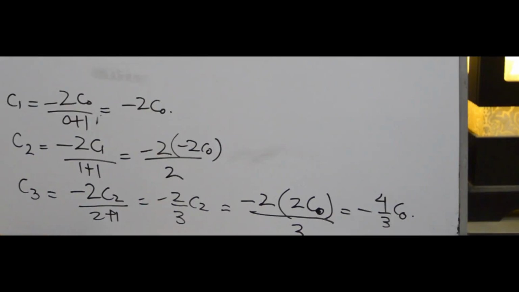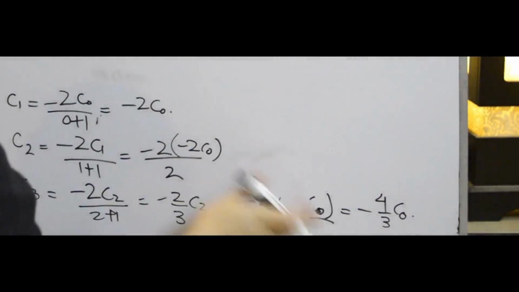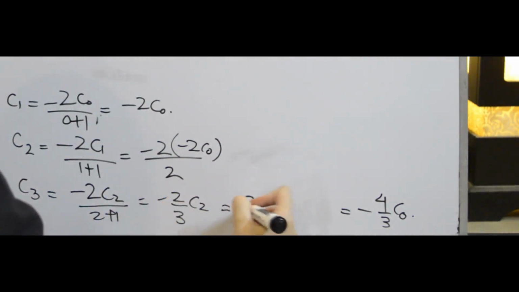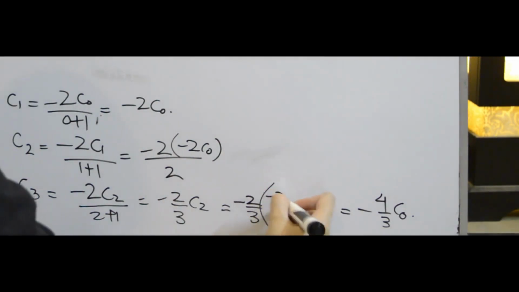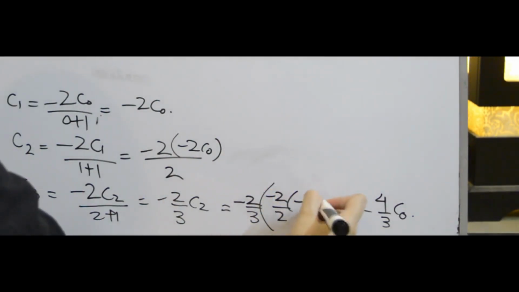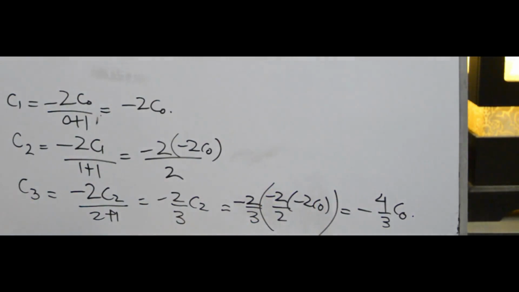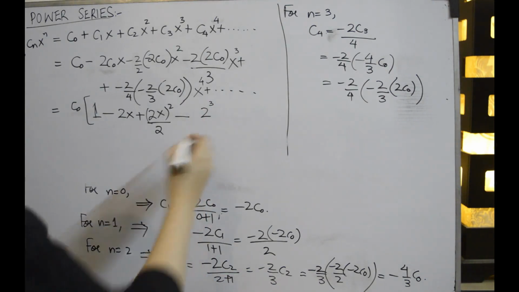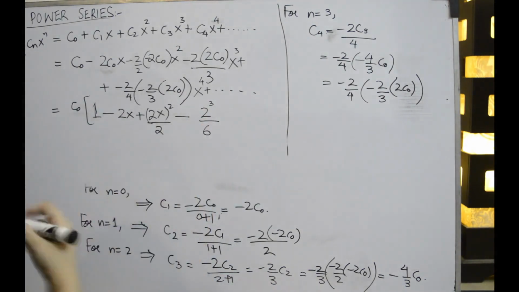That means if I replace this as this whole term, it will be good for me. So minus 2 by 3 into minus 2 by 2 into minus 2 C naught. If I take it like this, then it becomes 2 cube, that is 8, and minus 8 divided by 6, x cube.